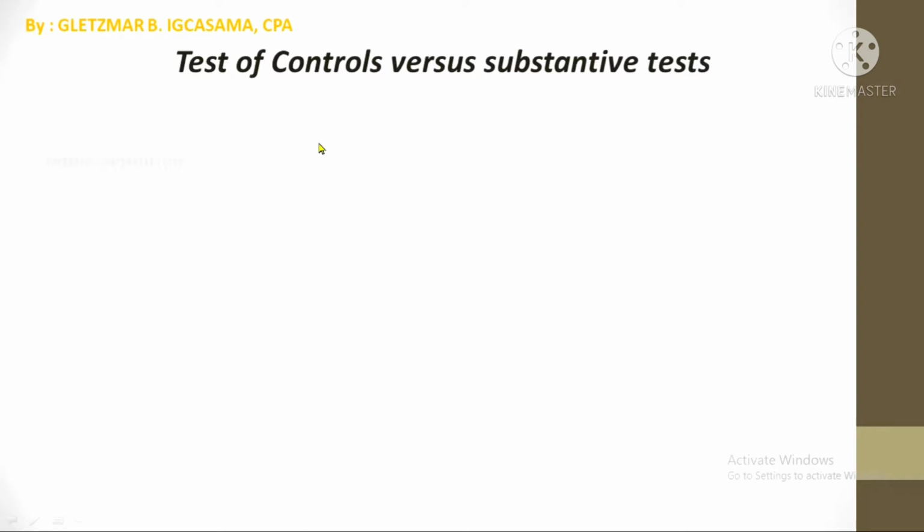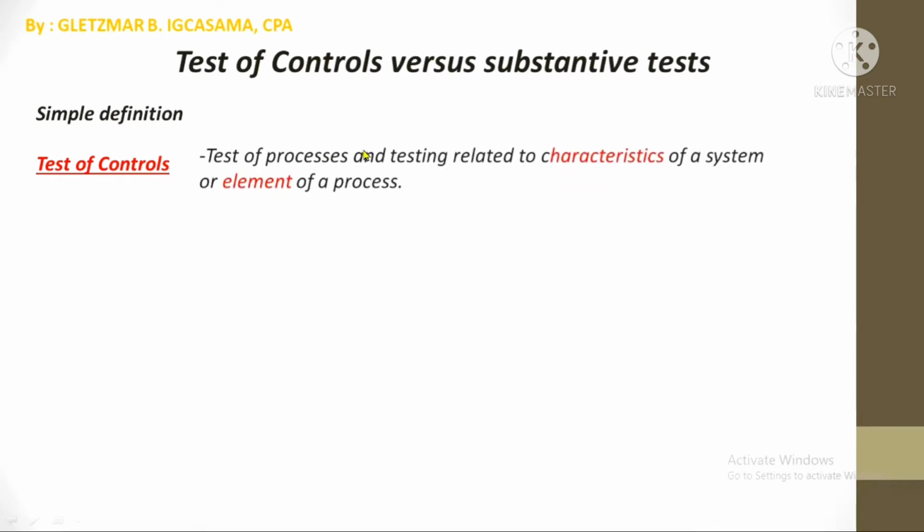So we have test of controls first, which can be very literal, like test of control. But that won't help you in answering multiple choice questions or any questions related to tests of control and substantive tests. So let's be specific, alright? Tests of control are tests of processes or tests related to characteristics of a system or characteristics of an element of a process.